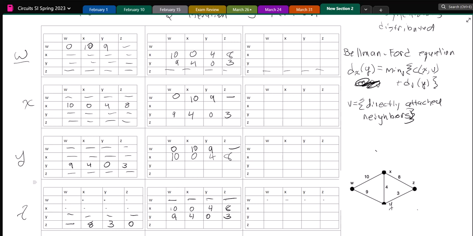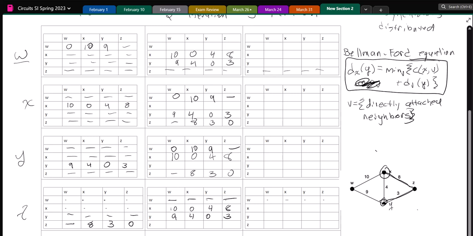And now Z. So Z is directly attached to X and to Y, so it'll send its distance vector to X and to Y. So that's dash, 8, 3, 0, but not to itself.